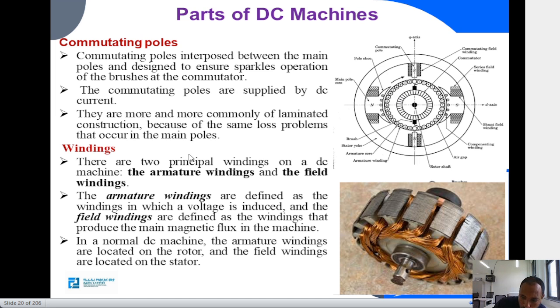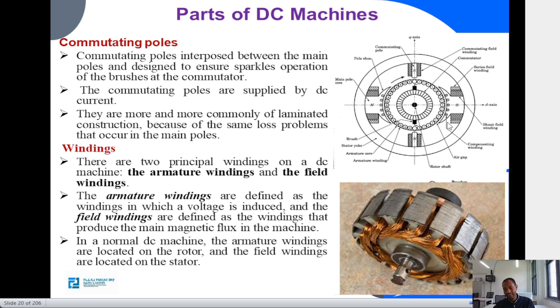And the other component of the DC machines is the windings. As you have seen on the cross-sectional view, a number of windings are there basically. Here we have windings around the armature or the rotor, the rotating part, which we call the armature winding, and we have windings around the main poles, which we call the field windings.